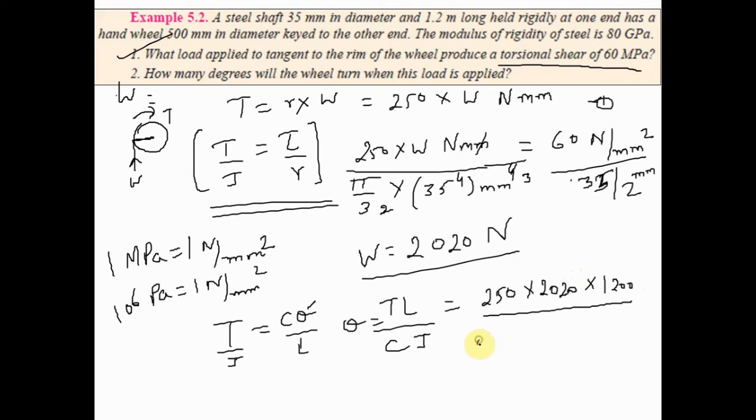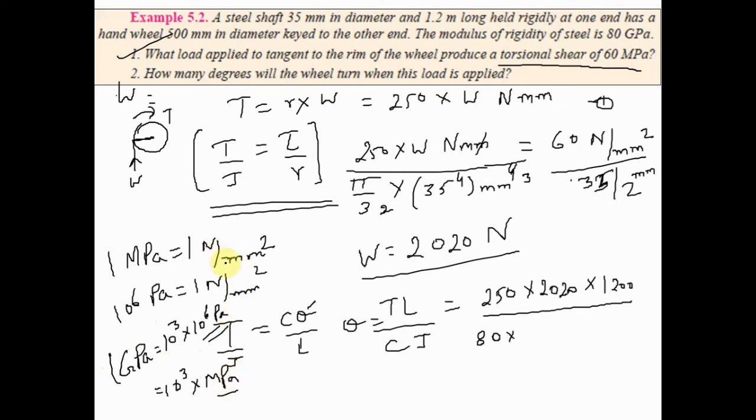So 80 gigapascals, let me break it into power 3 and power 6. 1 gigapascal you can break as 10 to the power 3 times 10 to the power 6 pascals, and 10 to the power 6 pascal is megapascal. So we can write 10 to the power 3 into megapascal, and for megapascal you can substitute Newton per millimeter square.